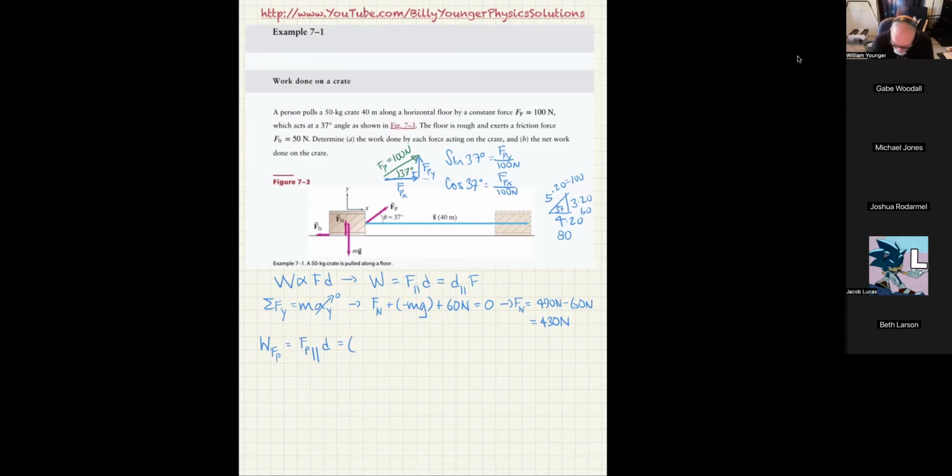Everybody see the blue vector X that says 40 meters? Notice that points in the positive X direction. So what component of FP, now that I've shown you exactly what the components of FP are, which component of FP is actually parallel to that blue vector? Anyone?